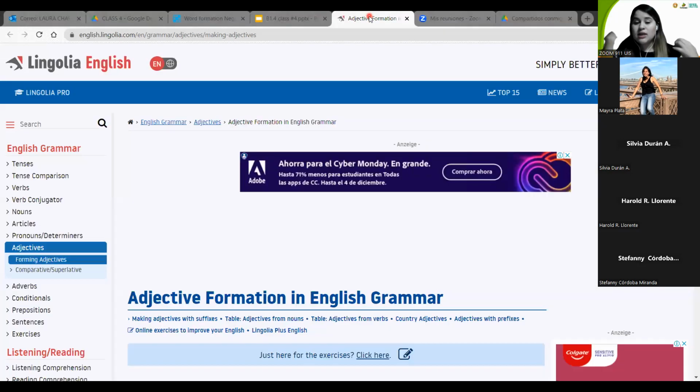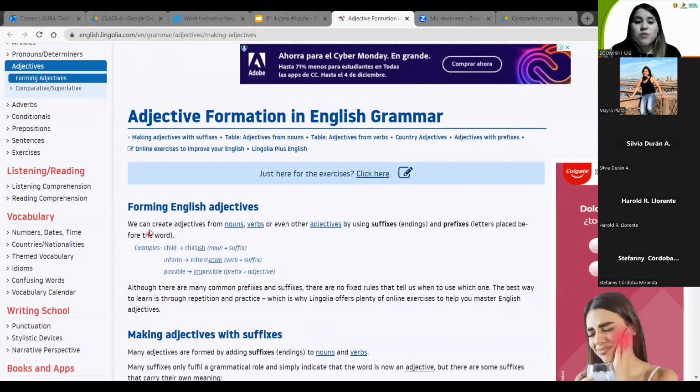Here, there is this website that I found for you with extra information. Look what it says here. We can create adjectives from nouns, from verbs, or even other adjectives by using suffixes, that are a letter or a group of letters added at the end, and prefixes, like the ones that we just did, that are a letter or group of letters added before the word.